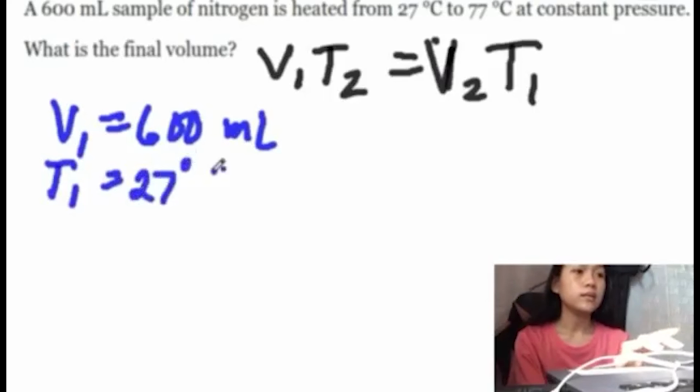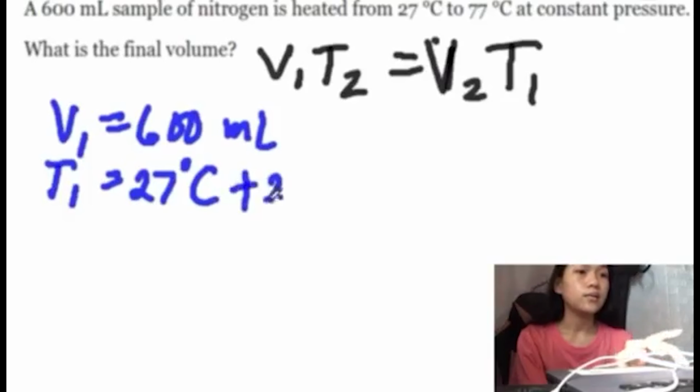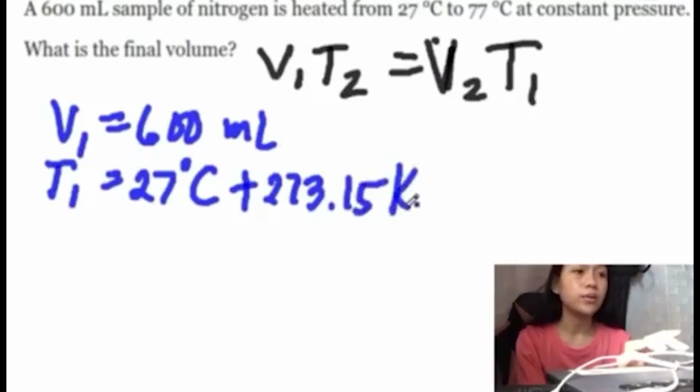So 27 is your initial temperature. You convert it by adding 273 to get Kelvin, so this becomes 300.15 Kelvin.